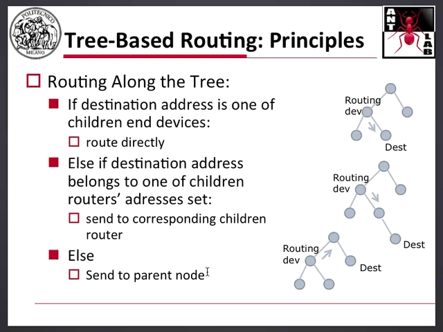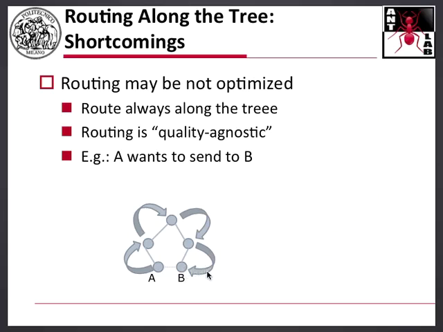So the advantages of this kind of approach for routing is, again, simplicity. It's very easy. It allows to avoid having routing tables. The disadvantage is that it's not optimal in the sense that, as it's written here, it is quality agnostic, meaning it does not take into consideration the quality of the links.